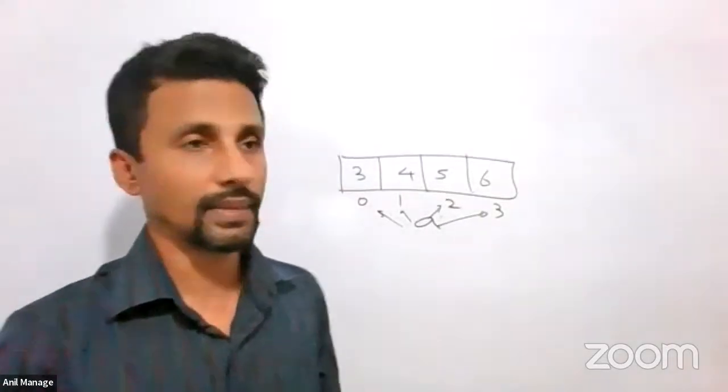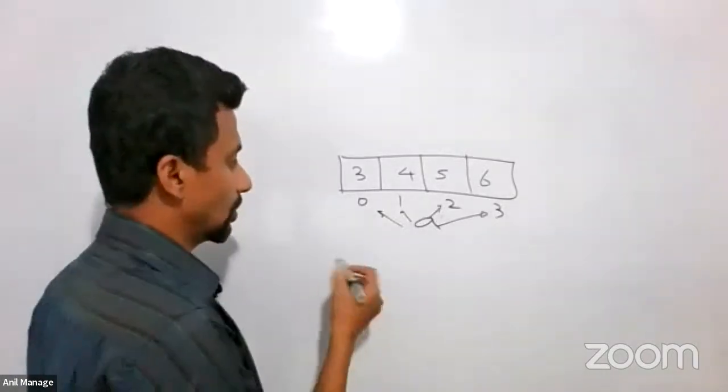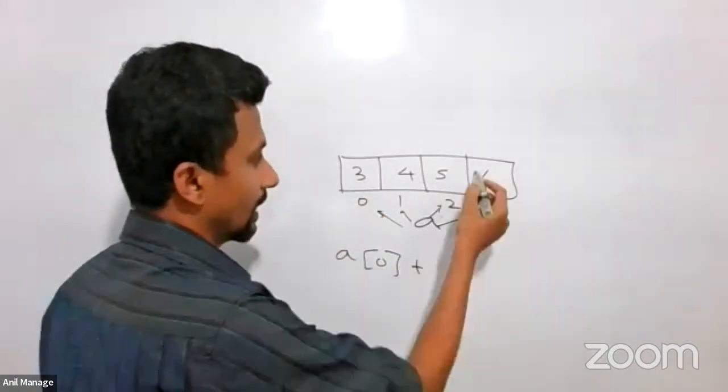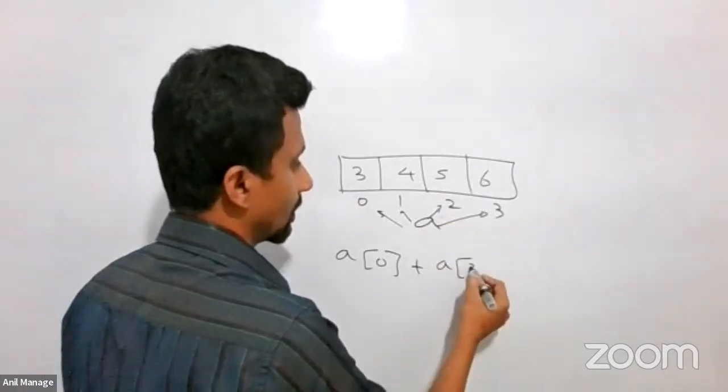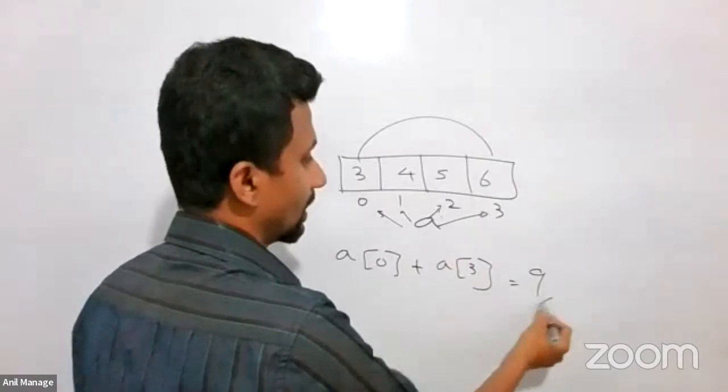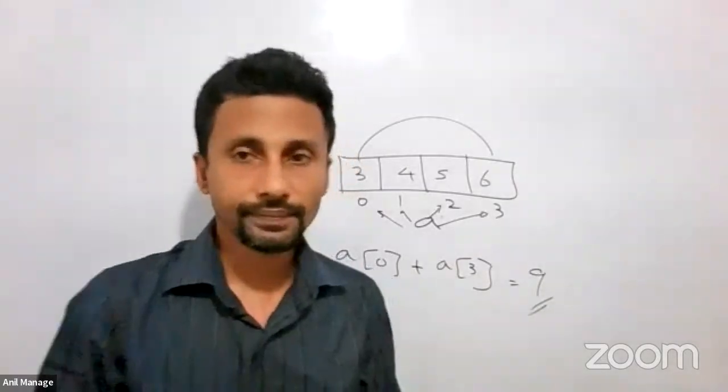It is storing here. So A0 means this position plus A3 means the last position, and you will be getting the value 9, right?